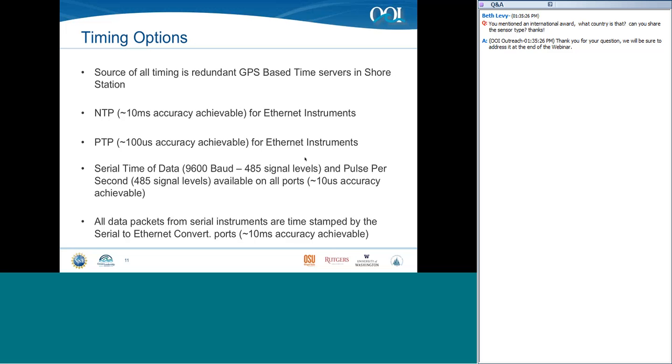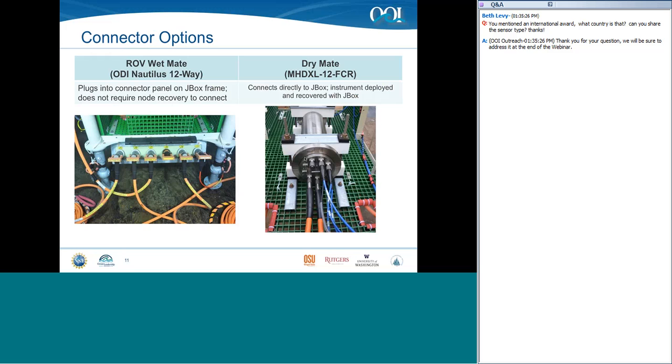And also for instrumentation that is just a normal serial stream that doesn't have any native timing ability, as soon as the packet comes into our system, we timestamp it right as it's coming in, and we put a 10 millisecond accuracy timestamp on it that is available later when you're decoding the instrumentation. So if you don't want to do anything, and you have a serial instrument, you will get that kind of accuracy in the system, essentially for free.